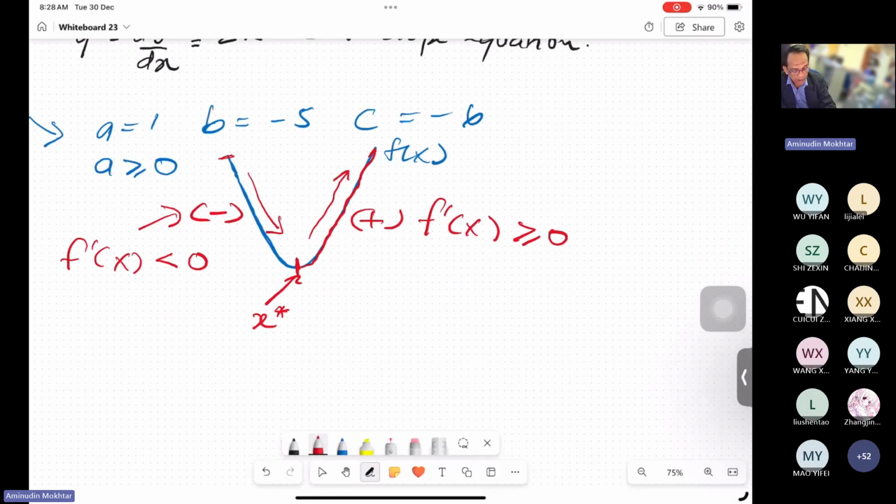Before x star, the slope of the graph is negative. After x star, the slope of the graph is positive. X star is also known as a critical point, or turning point.